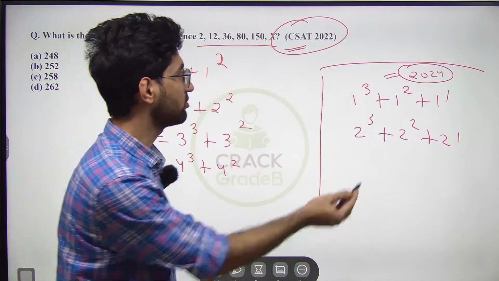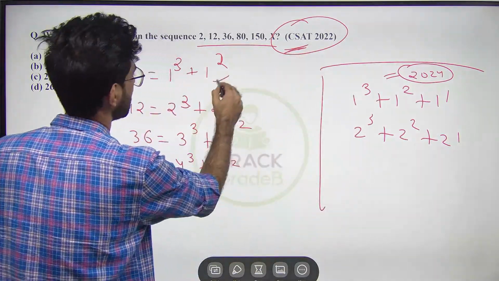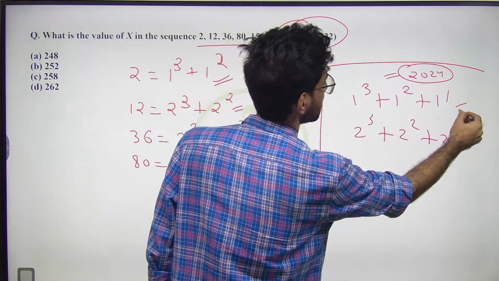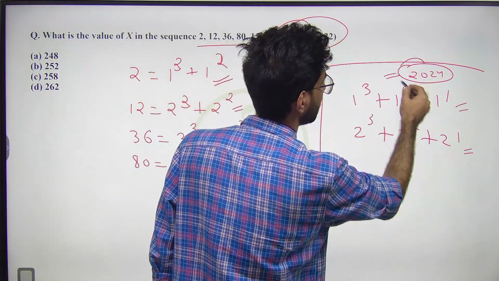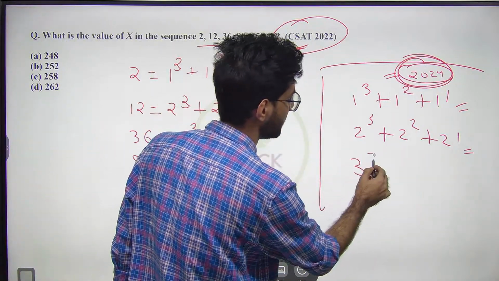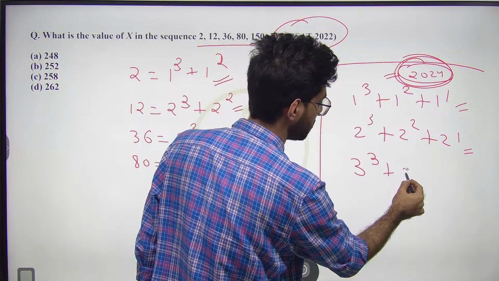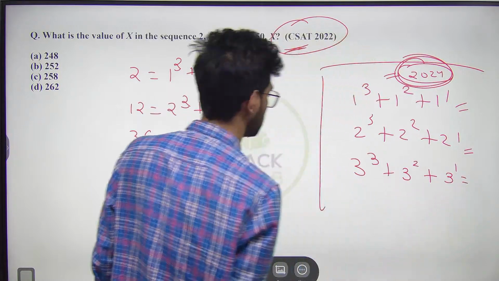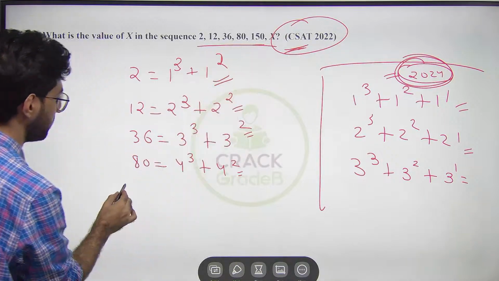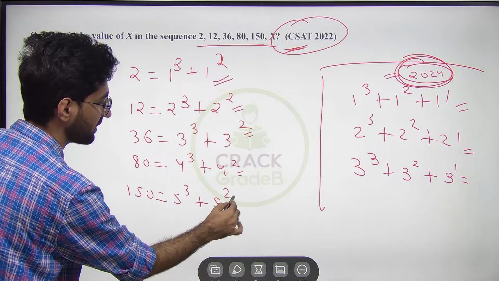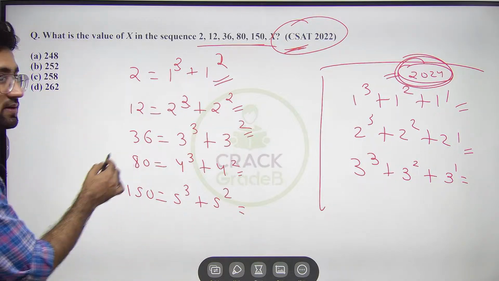This is the pattern of CSAT 2022, and this is the pattern of the question asked in CSAT 2024. The next element in the CSAT 2024 question that we solved earlier is 3 cube plus 3 square plus 3 to the power 1. Now again, if you look at 150, 150 is equal to 5 cube plus 5 square.